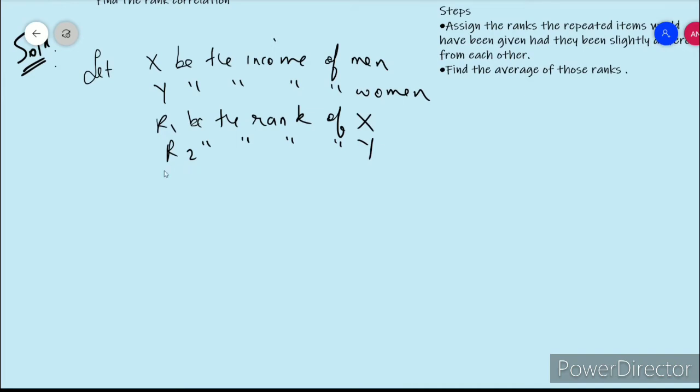So let us first work with the X series values. So these are your X series values: 85, 60, 95, 60, 50, 75 and 60.